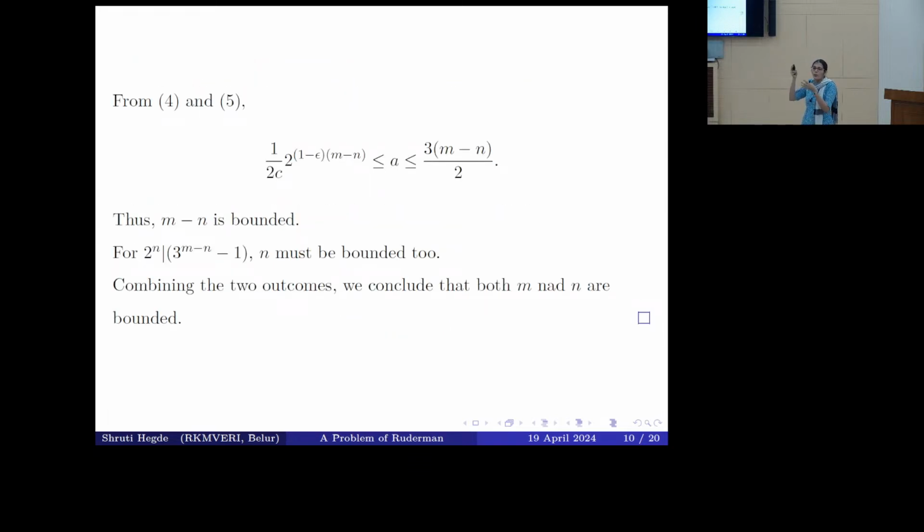Therefore, the problem of Ruderman is not solved. If we had bounds, we could manually calculate, or using some computer programs, we could check. What we want is these m, n to coincide with that set of 14 pairs we had, right? So we could calculate manually if we knew the bound, but since we do not know the bound, we can only say they are finite. The problem itself is not solved, even by this.